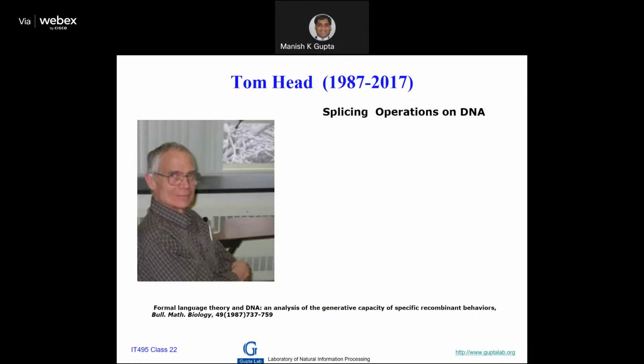He went to his friend who was doing biology, to the lab. Within 7 days, he learned all the biological lab techniques and performed the experiment. He solved the Hamiltonian path problem using a bunch of DNA strings, and that was a seminal paper in Science magazine. So, an important discovery of DNA computing.